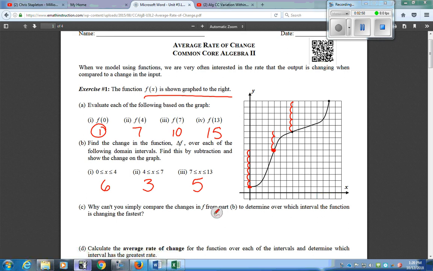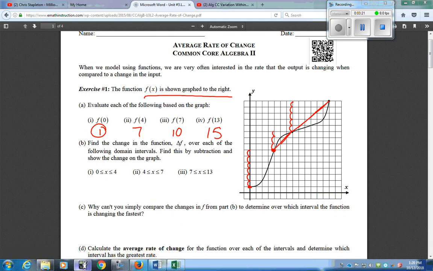It says right here that this is the second greatest change, but as far as rate of change goes, the second part is actually a little steeper than that part right there. So we're going to look at that in part D.